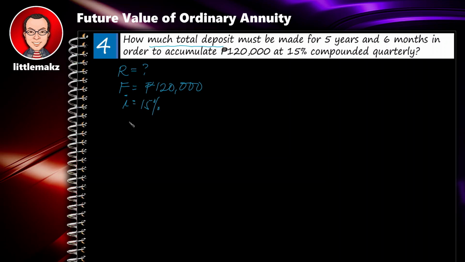Let's go ahead and write everything here. Your T is 5 years and 6 months, and this is actually 5.5 years. We're going to use this one in our formula, where M here is 4 since it's compounded quarterly.